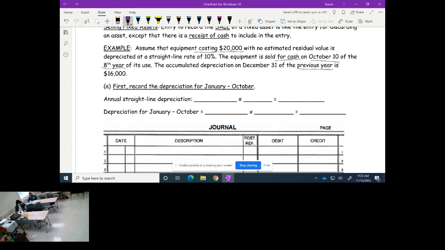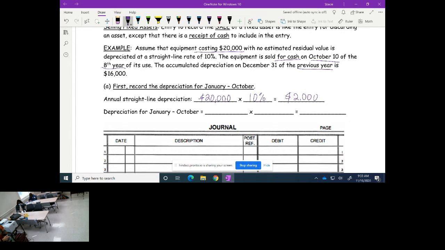So we've just got to figure out how much depreciation we have for this year and add it to that. Our annual straight line depreciation is 20,000, the cost of the equipment, times that 10% rate they gave us. So $2,000 of depreciation expense every year.